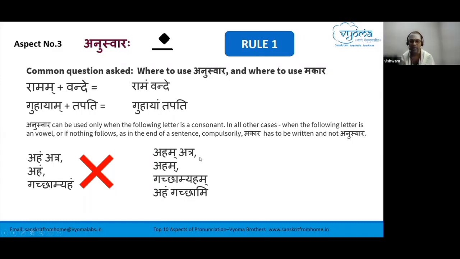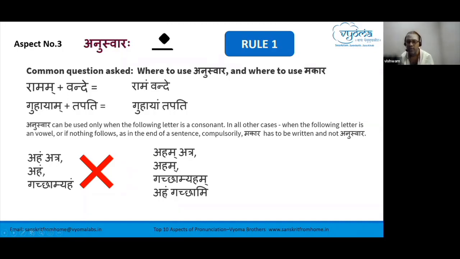The second rule was, at the end of any sentence or at the end of a phrase, when we are going to pause and there is nothing following, like here we just have an aham and there is nothing following, we have a comma and after that there is no word or sentence, so there we use aham with ma with the stroke. Similarly, gachamyaham is also at the end, but when it comes to aham plus gachami, since it is a consonant, a vyanjanam, we have to use a dot.